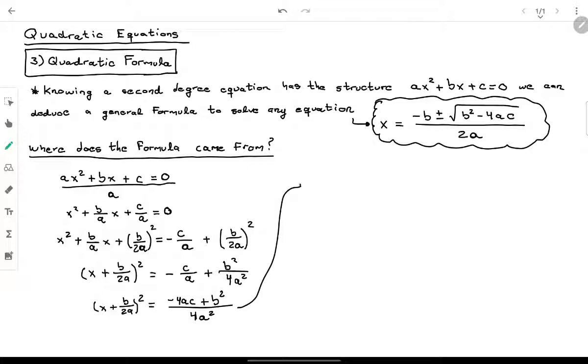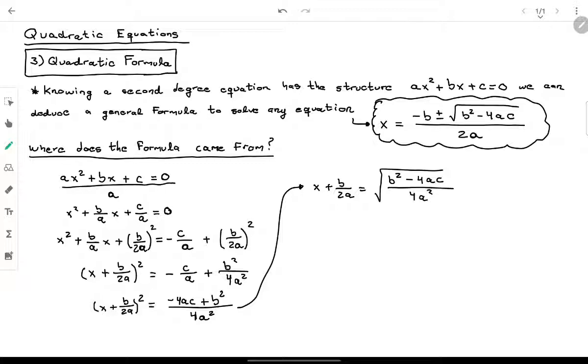Let's continue. We can change the square power into a square root. So it's going to be the square root, and if we put it in order, first the positive b squared minus 4ac, all of it divided by 4a squared.